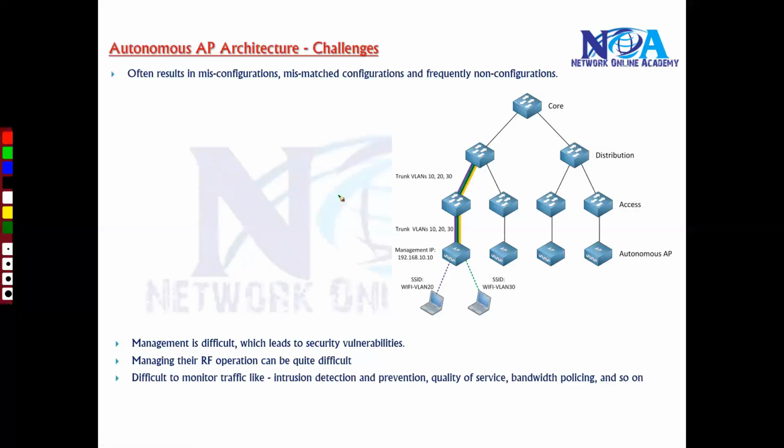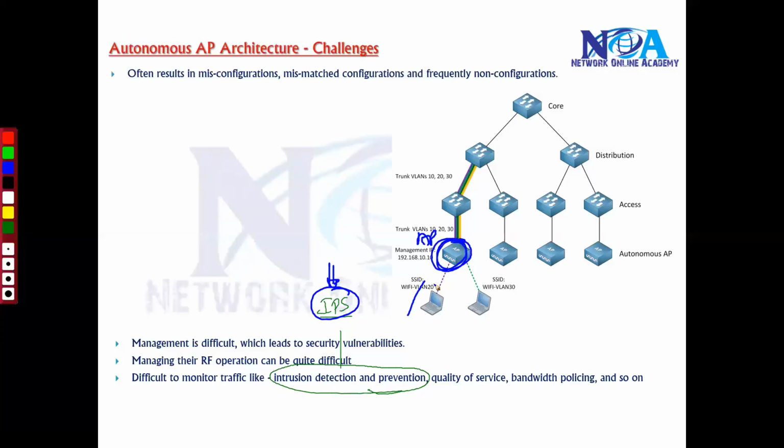Now one more issue is monitoring, because of the intrusion prevention system, the IPS devices. This is typically used to monitor the traffic for any kind of vulnerabilities. As all the access points are managed individually, most of the traffic, if it is going within the access point, goes directly, and there is no centralized traffic flow. The traffic may go from here this way depending upon the VLANs, whereas in the case of centralized architecture we use a WLC, and the traffic will go through the WLC.